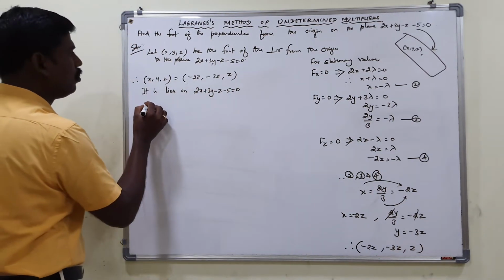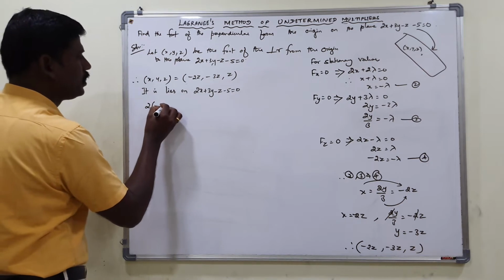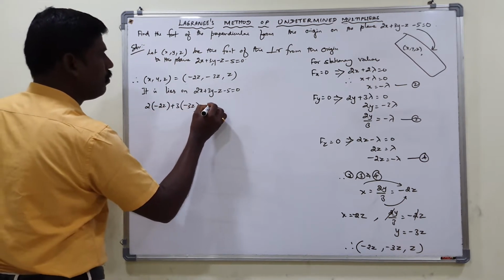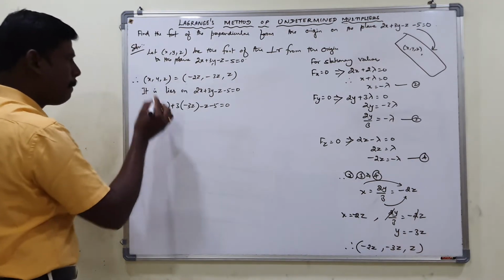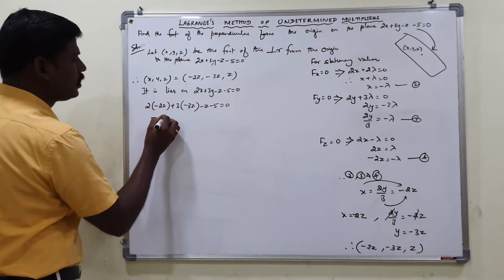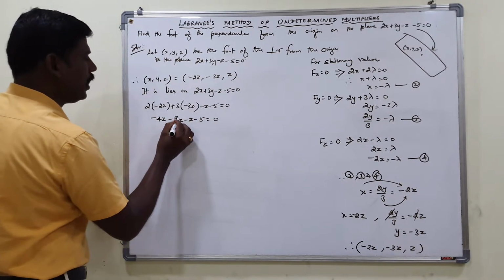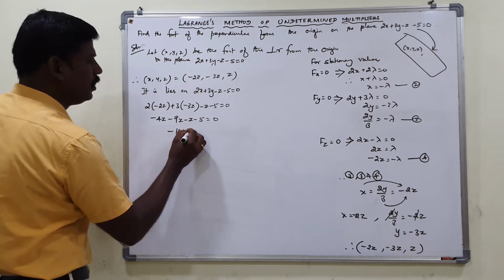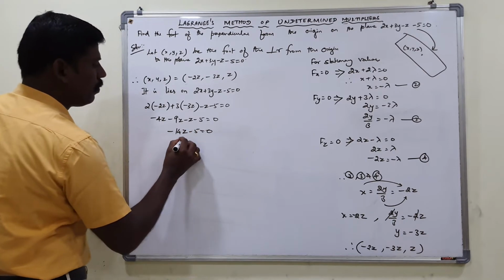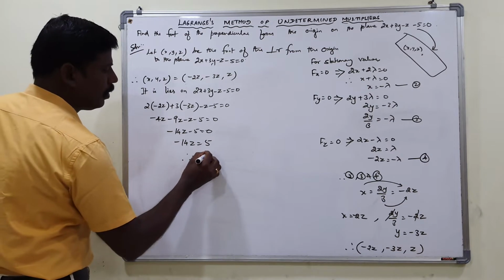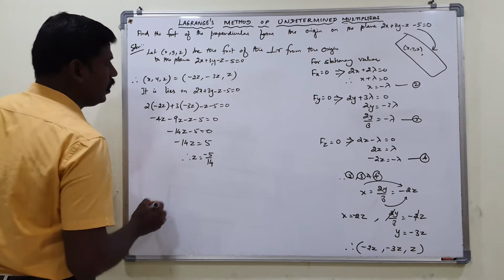Substitute here. So 2 into minus 2z plus 3 into minus 3z minus z minus 5 equal to 0. Multiply: minus 4z minus 9z minus z minus 5 equal to 0. Minus 14z minus 5 equal to 0. So minus 14z equal to 5. Therefore, what is z? Minus 5 by 14.